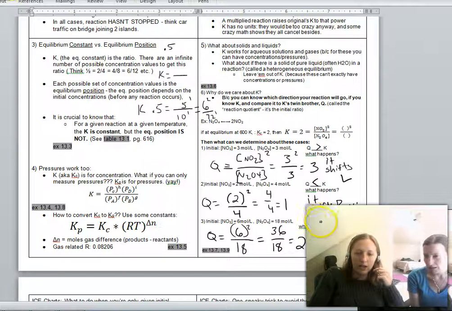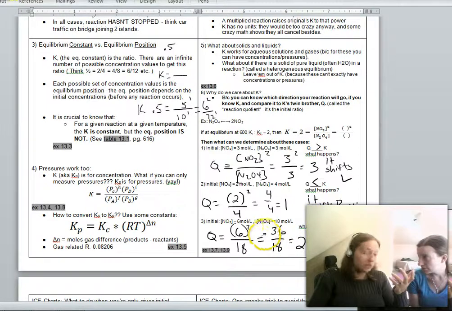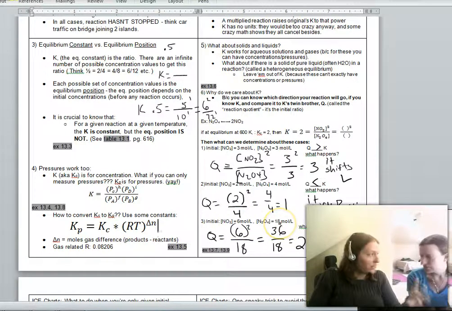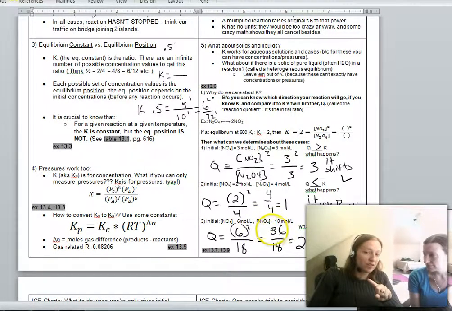Q equals K. So we, unbeknownst to us, put in 6 molar nitrogen dioxide and 18 molar dinitrogen tetroxide, and we're like, which way is it going to go? No way. It's not going to go. It's going to stay that way because your Q is 2 and your K is 2. When Q equals K, that's at equilibrium.